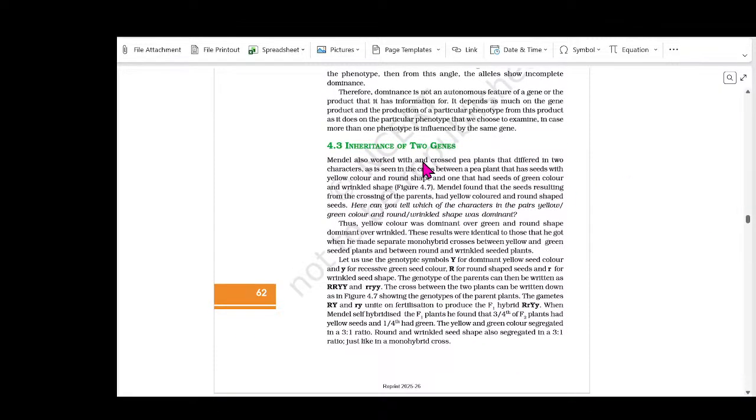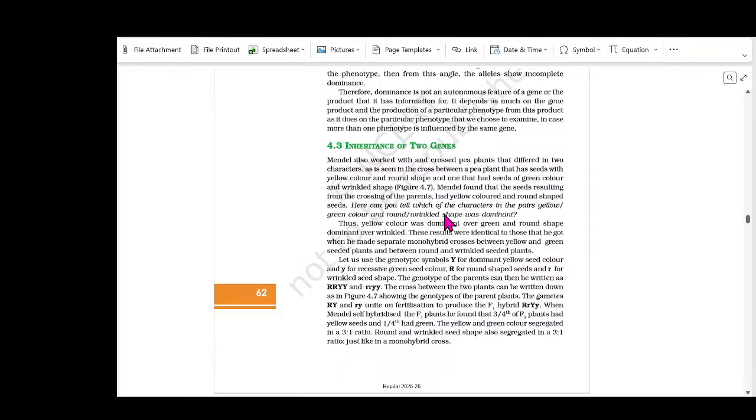4.3 Inheritance of two genes. Mendel also worked with and crossed pea plants that differed in two characters, as is seen in the cross between a pea plant that has seeds with yellow color and round shape and one that had seeds of green color and wrinkled shape. Mendel found that the seeds resulting from the crossing of the parents had yellow colored and round shaped seeds.